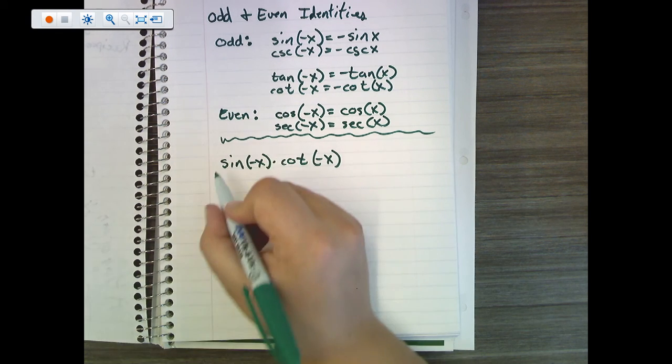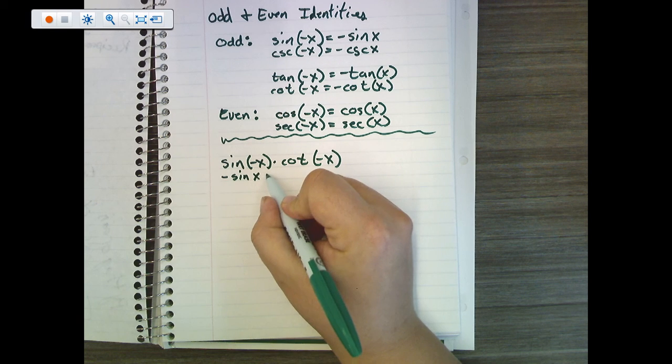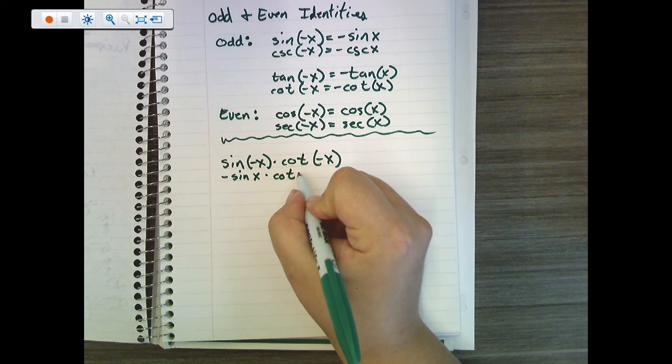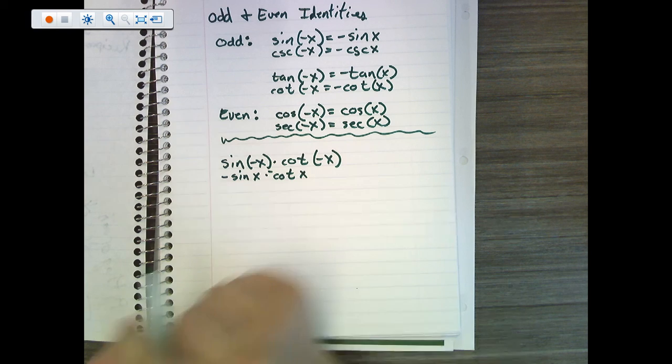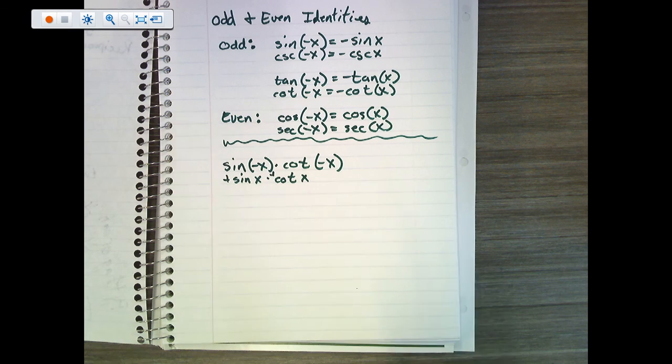Okay, so I have negative sine of x times negative cotangent x. So when I have a negative times a negative, these will multiply out to make a positive after you brought them out front. This is the process that you're actually going through, so this is what a problem would look like.